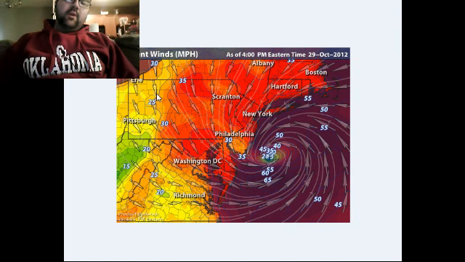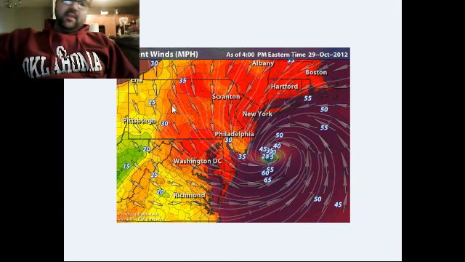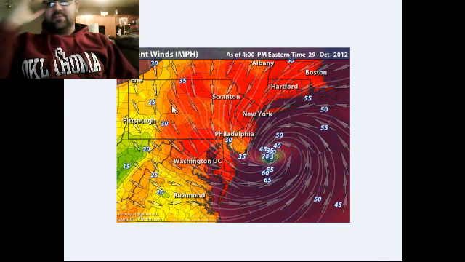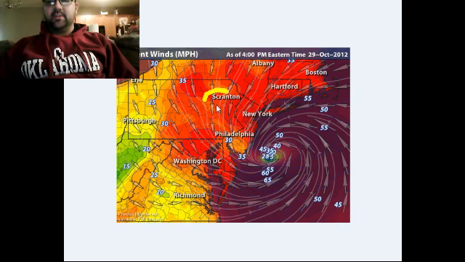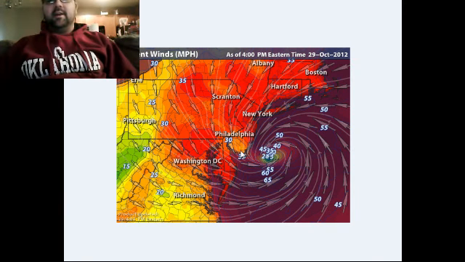As this comes up, these winds are going to get stronger and blow off the lake to the south, and we're going to see some locally enhanced winds along the lakeshore, and even places south of the lakeshore will see stronger winds because there's not as much friction there, say in Erie or Cleveland, as there is in Scranton or New York or places like that. So we will have to watch that very carefully.